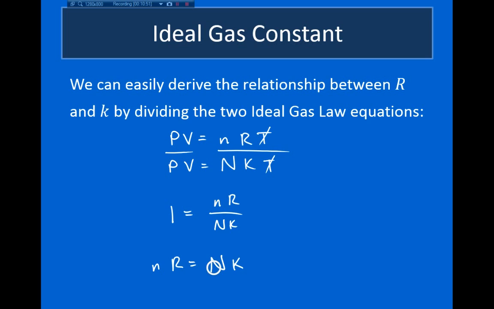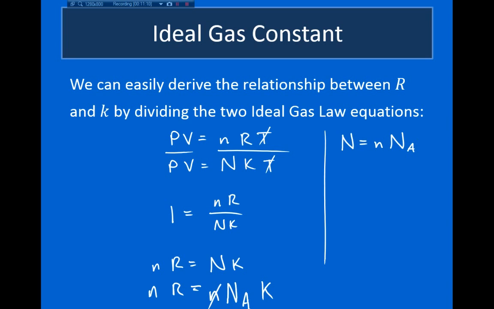And because N, we've talked about this before, the total number of molecules is equal to the number of moles times Avogadro's number, so I could rewrite this as nR is equal to the number of moles times Avogadro's number times k. So the n's cancel, so I have that R is equal to Avogadro's number times k.